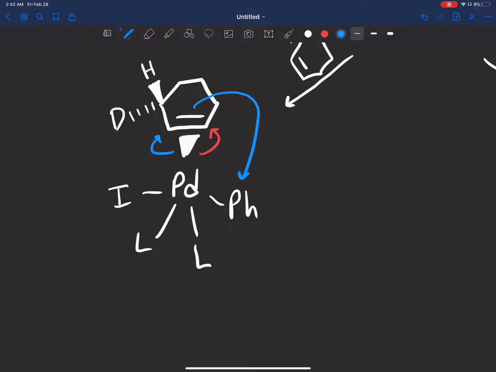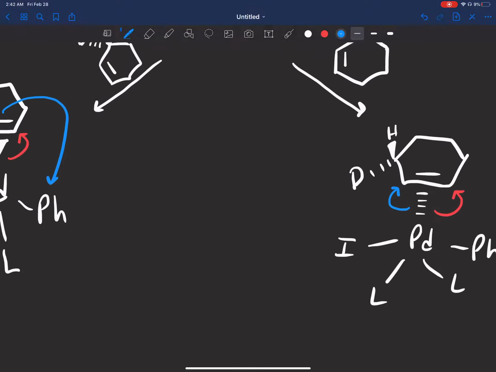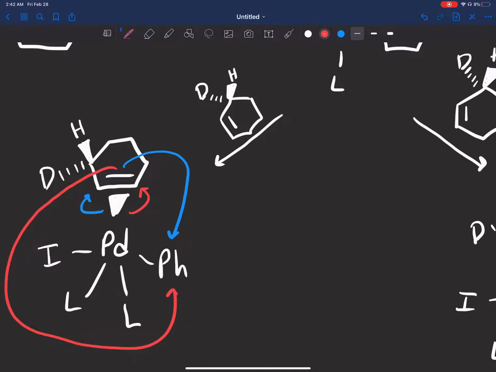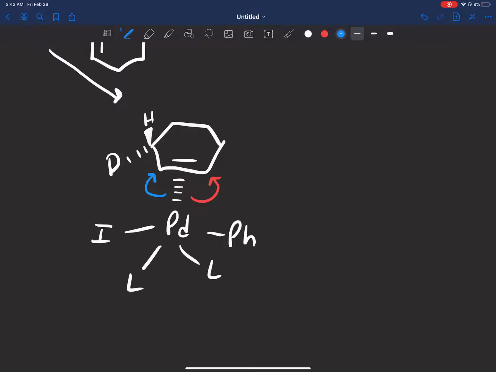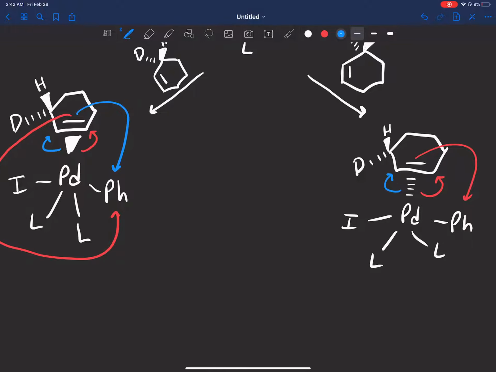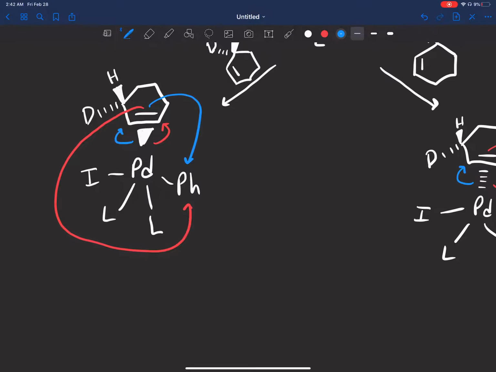Let's do that here. It's going to come around and attack there. And same exact thing here, attacks here. Oh, did I change the color schemes here? Yeah, I did a little bit.